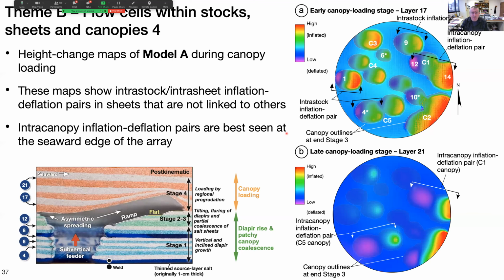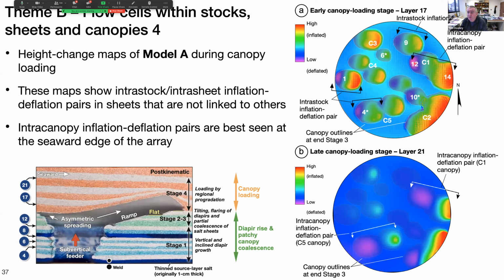And just ending up once more on flow cells here. So here we're having a look at our canopy loading stage, and what we can see here are our intra-canopy inflation and deflation areas.